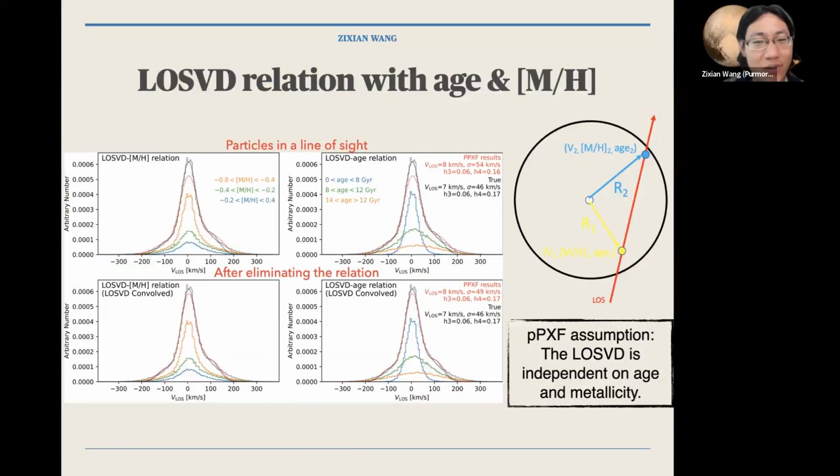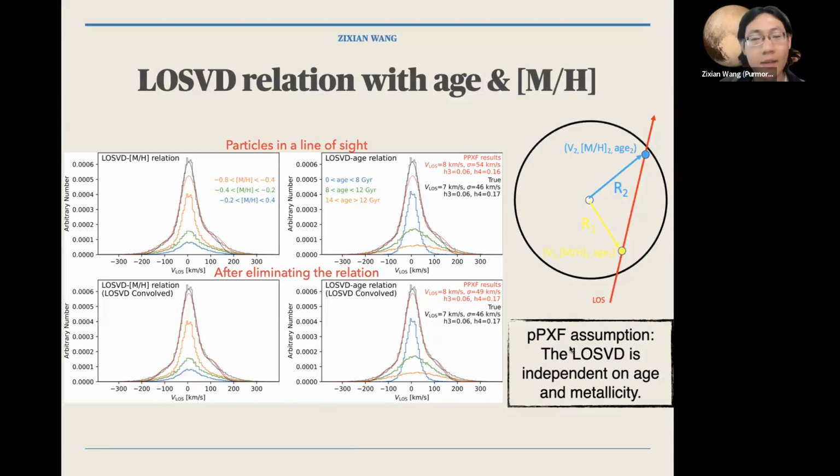To address this issue, let me first give you some background on PPXF. During the PPXF fitting, there's one very important assumption when measuring kinematics. It takes as input all the standard templates, let's say a million standard templates, which are just spectra with different metallicity, age, and alpha.